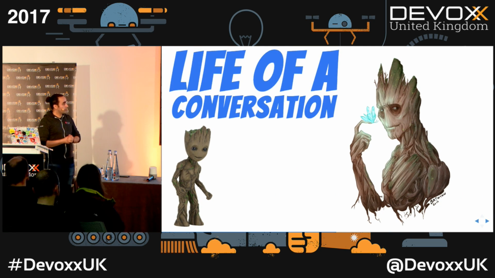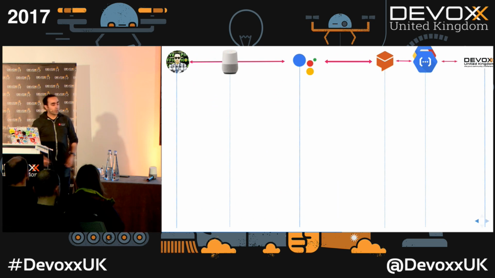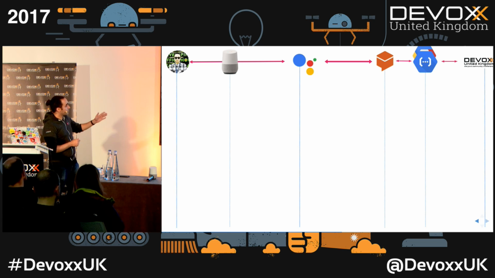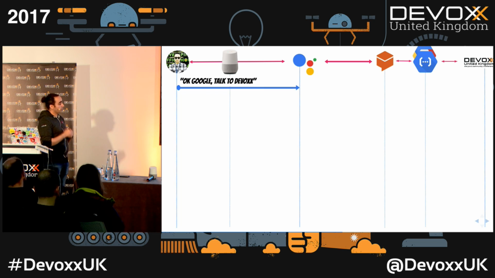We now need to build a concrete artifact, and for that we need to think about the conversation. Here we have a couple of steps. The first step is when I interact with the device: Hey Google, talk to Devoxx. Sorry.